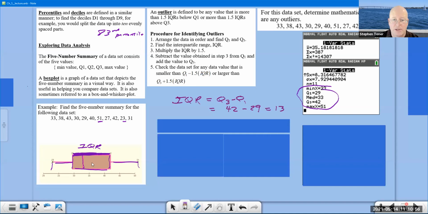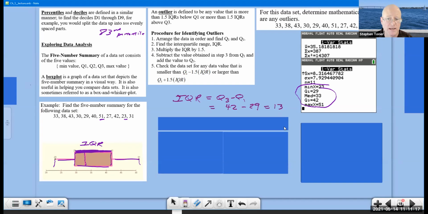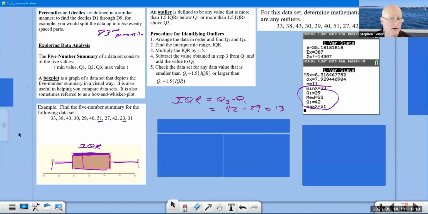Well, if you add the two 25% sections together in the center of the box, that's where we get to that middle 50% of the data, which I described earlier. Now, we've just done step 2, find the IQR. The third step is to multiply the IQR by 1.5. So I'm going to take our value of 13 here, multiply it by 1.5 to get 19.5.